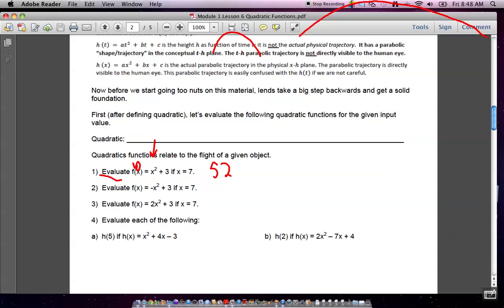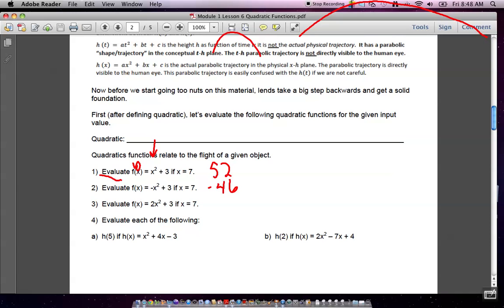F of x is negative x squared plus 3. What's that going to work out to be? Negative 49. No. I want the whole answer. Negative 46. Good. Now the important thing to remember here is, what's the difference between the first question and the second question? Obviously it's the negative. The first one you only have to square it.